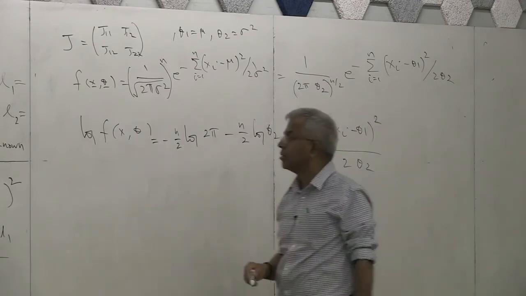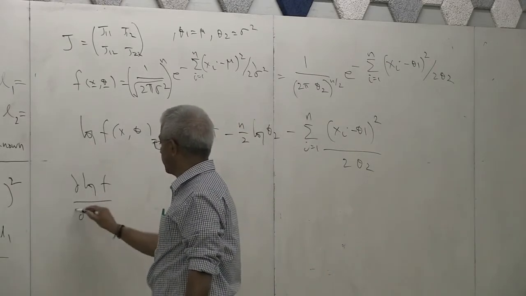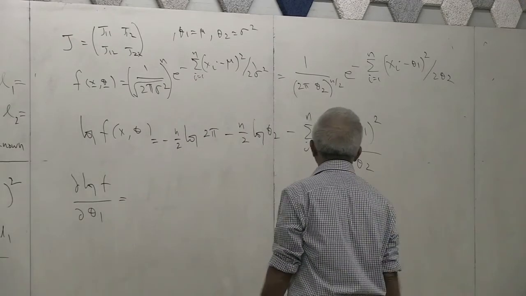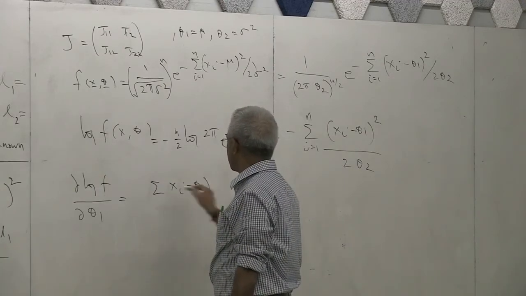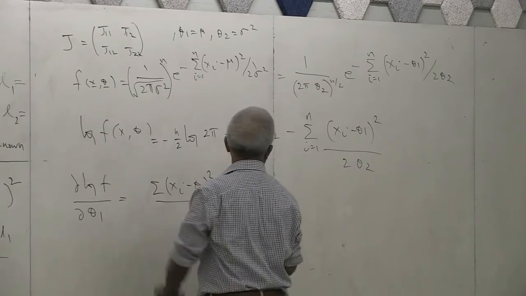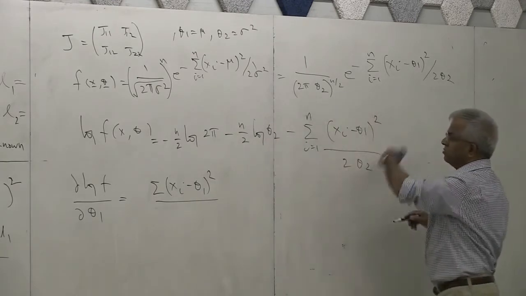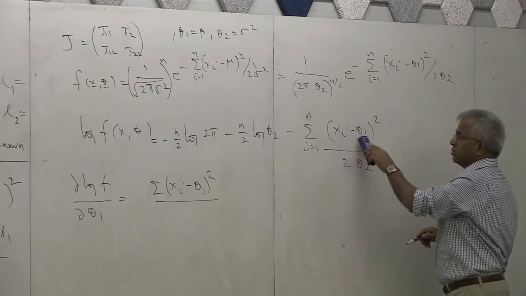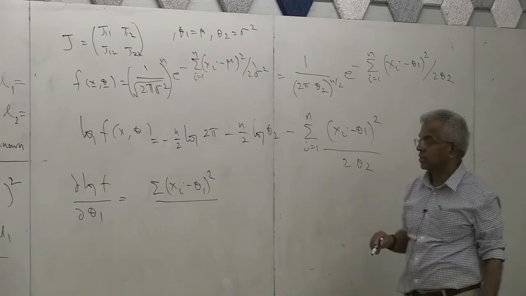So d log f over d theta 1 is what? Sigma xi minus theta 1 squared over 2 theta 2. The first terms are gone. Derivative of this with respect to theta 1: the 2 comes down and cancels, xi minus theta 1, the derivative of that is minus 1, and the minus cancels.